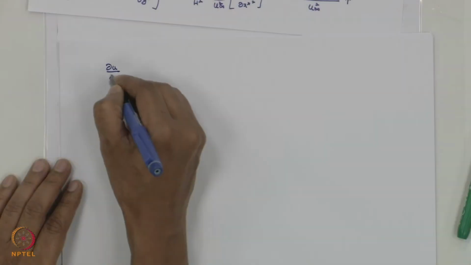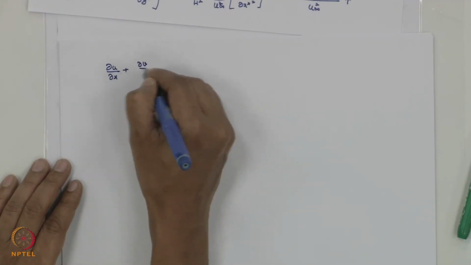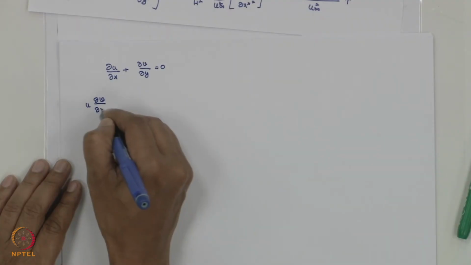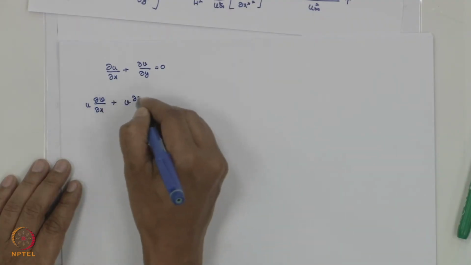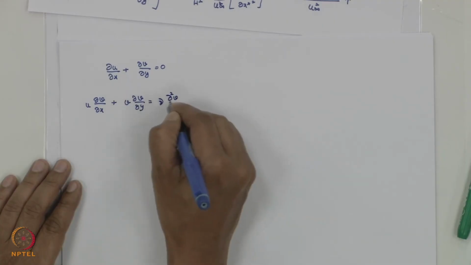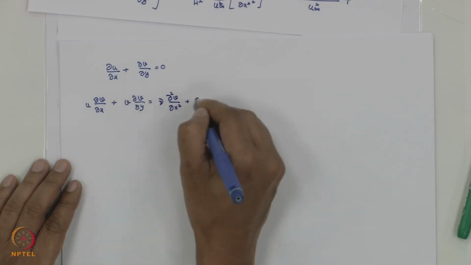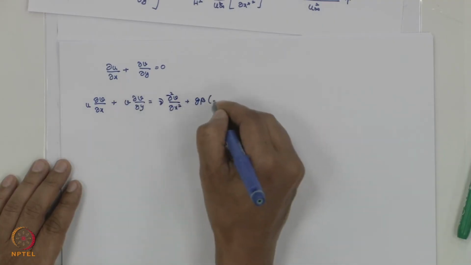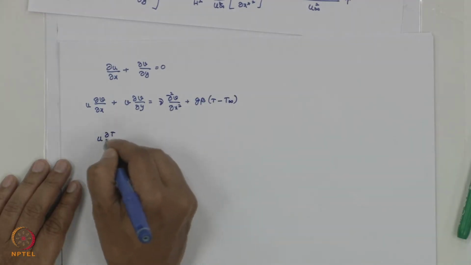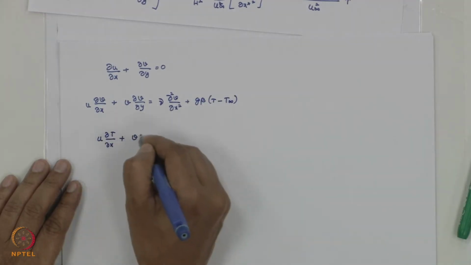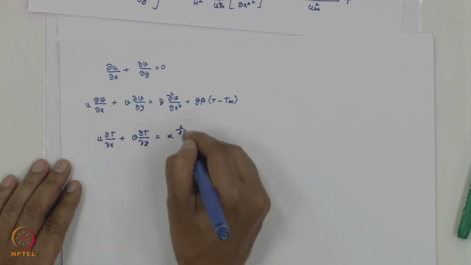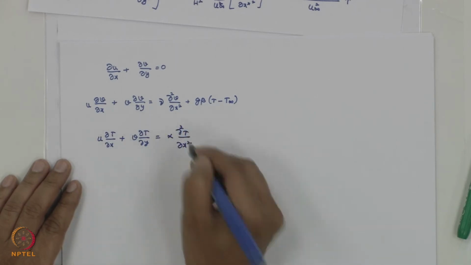Del u by del x plus del v by del y equal to 0, u del v by del x plus v del v by del y equal to nu del squared v by del x squared plus g beta into (t minus t infinity), and u del t by del x plus v del t by del y equal to alpha del squared t by del x squared.